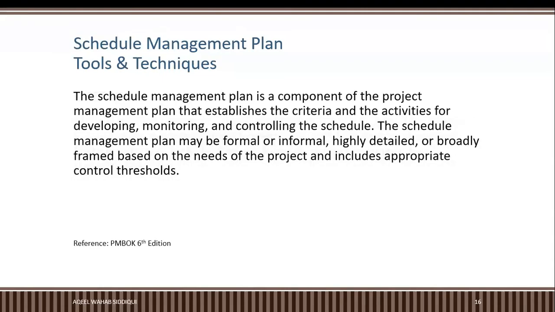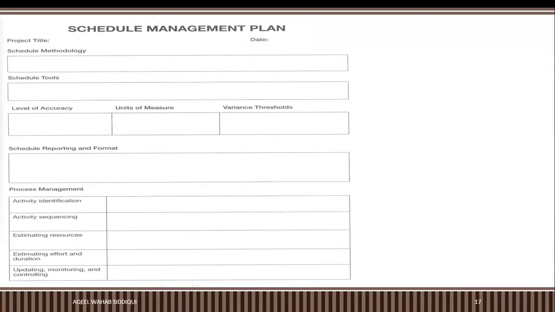So the output is the schedule management plan, which you can see on your screen. Schedule methodology, schedule tools. It contains a number of processes. Always remember, you have 6 processes in project schedule management. It's not necessary to use all of them.